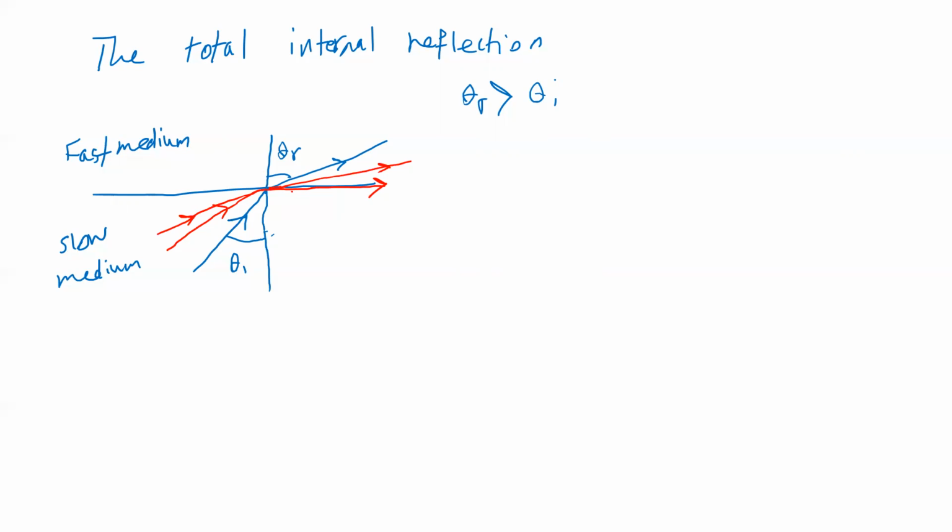When we measure the angle, it's the angle between the refracted ray and the normal, and this one is 90 degrees. When the refracted angle equals 90 degrees, the incident angle is called the critical angle. So when theta r is equal to 90 degrees, we name theta i as theta c, the critical angle.